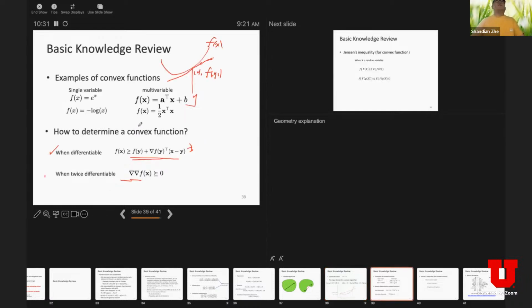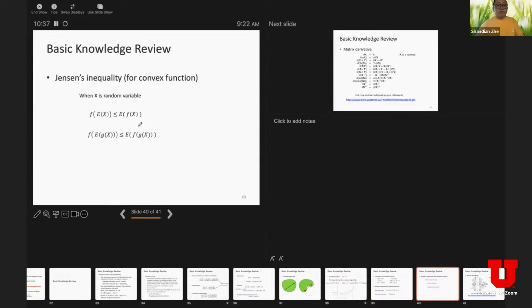Any questions so far? Okay, great. Associated with convex functions, there's another famous inequality called Jensen's inequality. Suppose you have a convex function f, and now let us consider a random variable x.